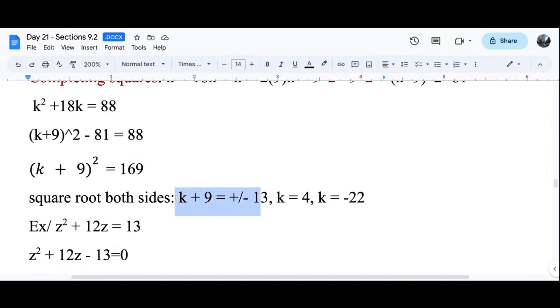So that gives me k plus 9 equals positive 13 and negative 13. If it were positive 13, I get k equals 13 minus 9, which equals 4. If it's negative 13, I get negative 13 minus 9 equals negative 22. So I have the same two solutions.